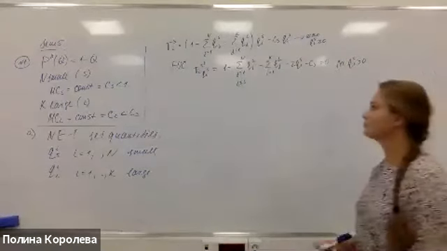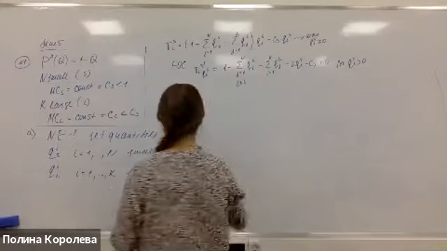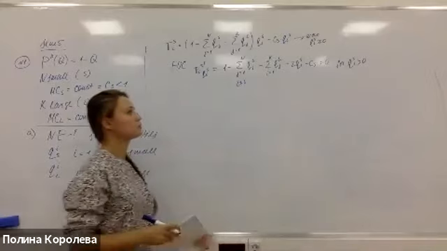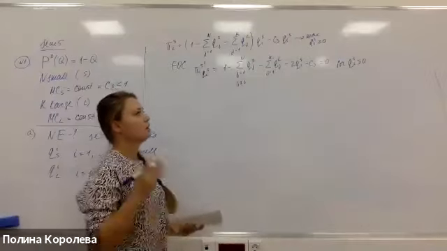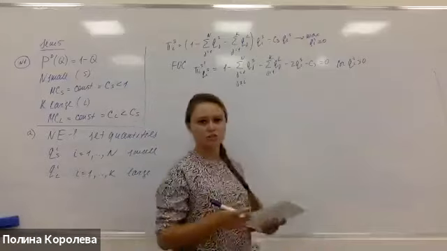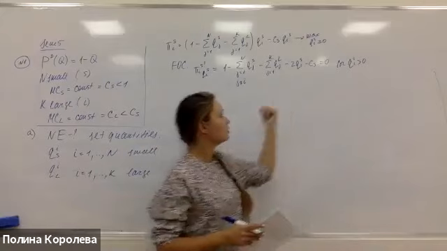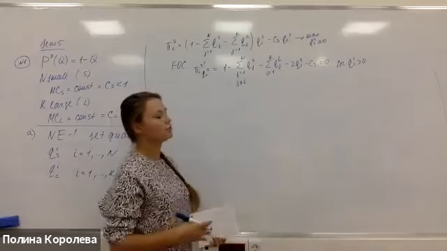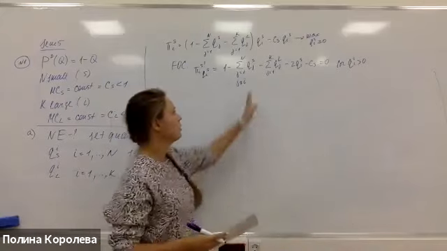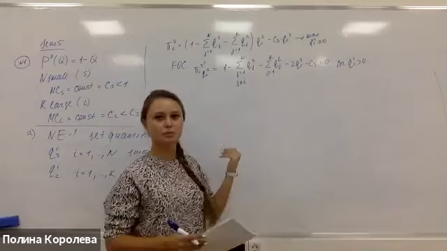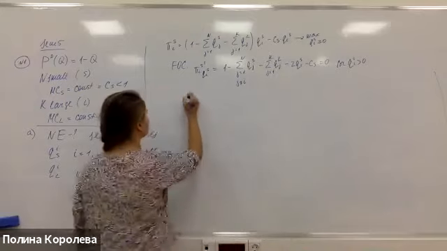Yes? So, from here, what should we find? We should find the best reaction of our firm to the strategies of other firms. So we will write down the best response function of our small firm.